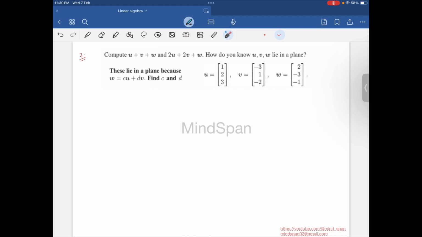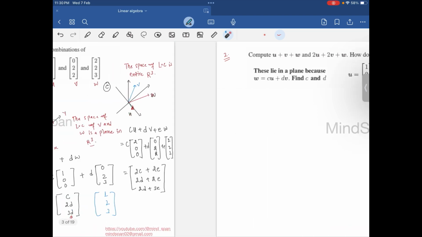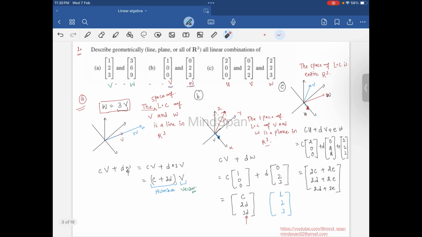Okay, let me tell you one thing here. In the first question, you were able to see that this w is 3 times v. It was directly visible from the given vectors.